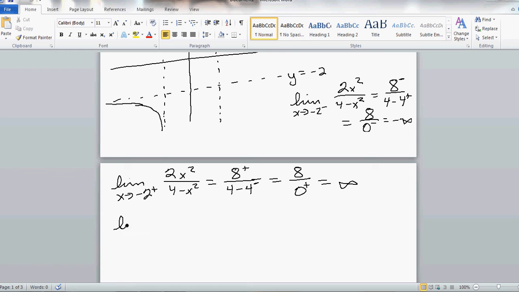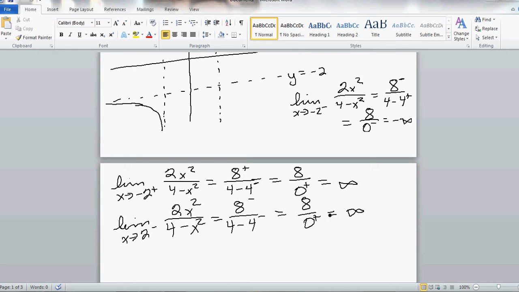Likewise, we can do the exact same thing. We can take the limit as x approaches 2 from the left, and going through the whole same thing, we will get 8 from the left, slightly less than 8, as if that really matters. 4 minus slightly less than 4, and so it will be 8 over 0 positive, and so that does go up to positive infinity, which should not be a big surprise because we know it's going to turn right back around.